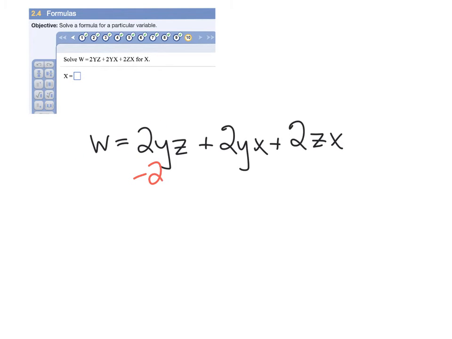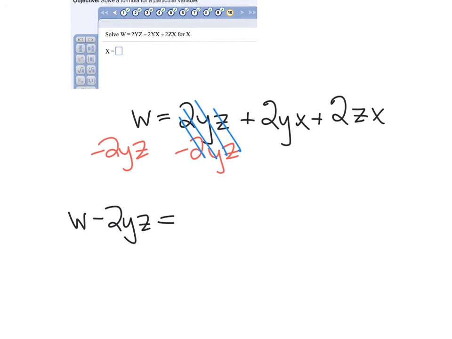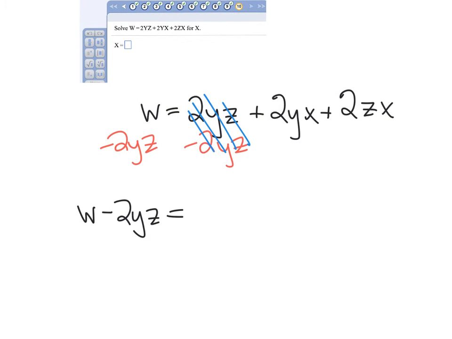So I'm going to subtract 2yz from both sides. So that means this becomes 0. So the left side becomes w minus 2yz. And then the right side is just 2yx plus 2zx. All right.